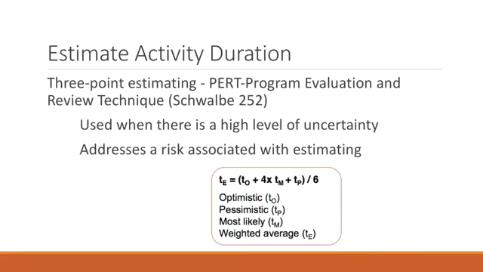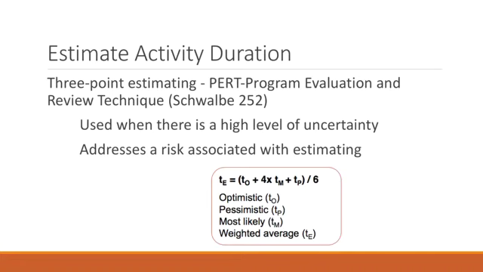When we go through estimating the activities, so far we have covered identifying the activities. Then once we have defined the activities, we go into sequencing the activities, and in order to do so, we need to identify the different types of dependencies and the different types of network diagrams that we can use in order to complete this sequencing.